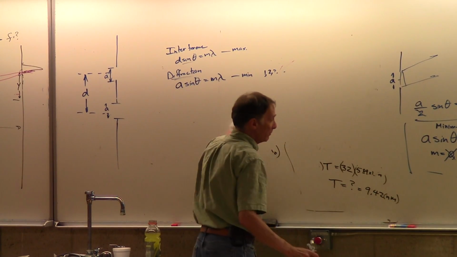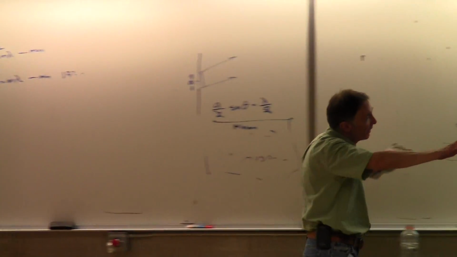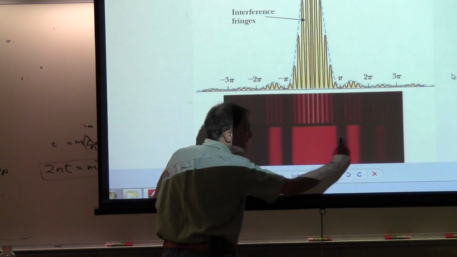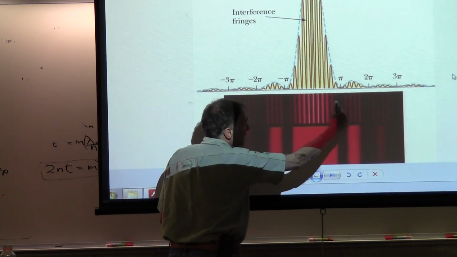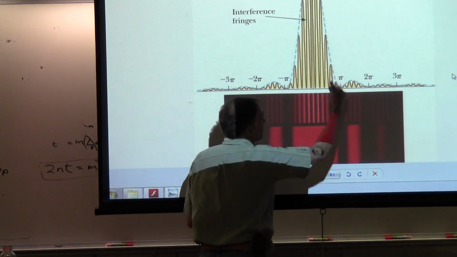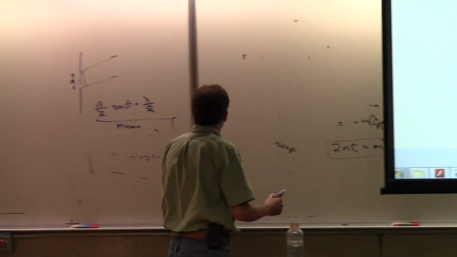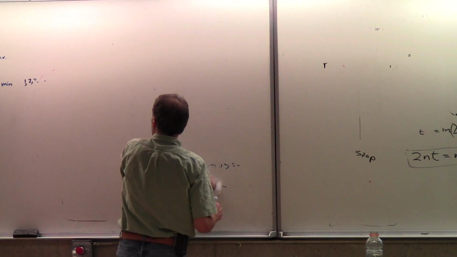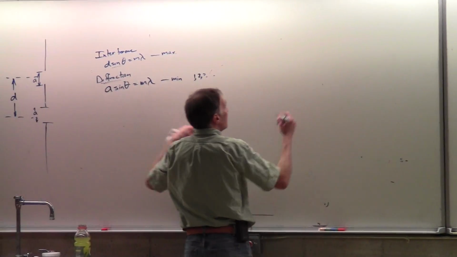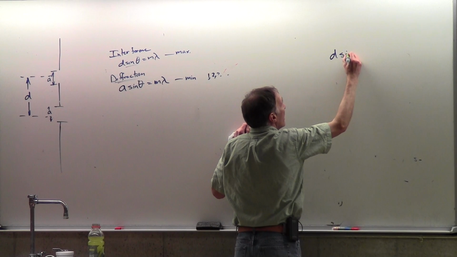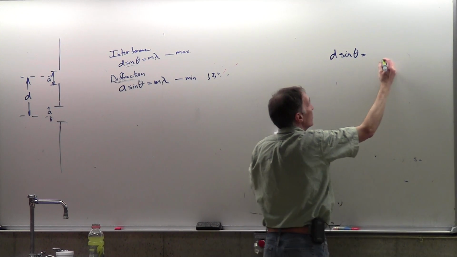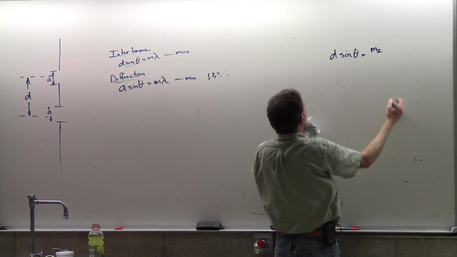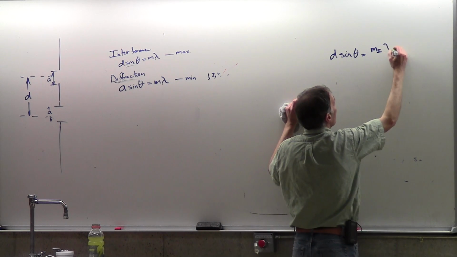Take a point on the screen, just some theta away off here. Let's say we go off here. This is the first diffraction minima, and it lines up with the sixth, m equal to 6, interference maxima. So these two are looking very similar. We'd say that out at some point on the screen, d sine theta is equal to m of interference times lambda.